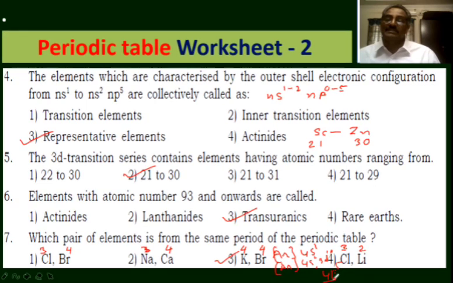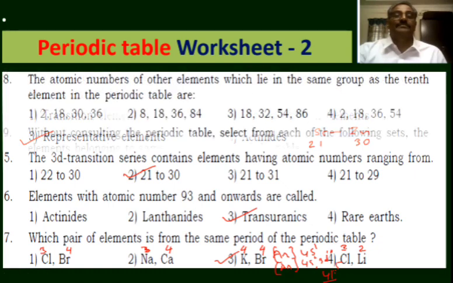So valence shell is same for potassium and bromine. So potassium and bromine is the pair of elements which belong to the same period of the periodic table.